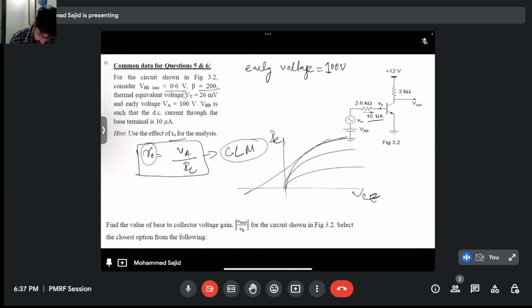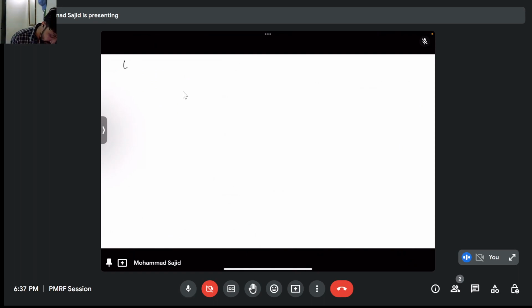So what we have to calculate is V output by VB, this point, not this point. So for this question, we have to draw an equivalent circuit. We know the equivalent circuit, right?